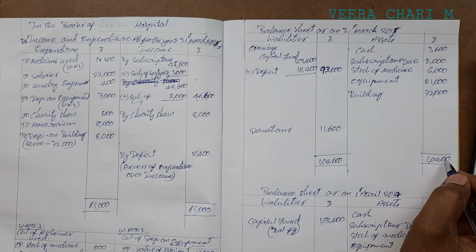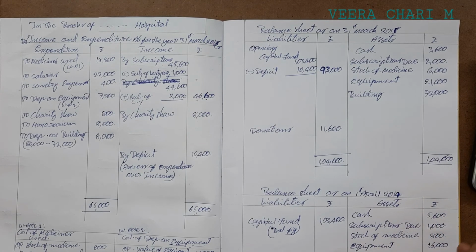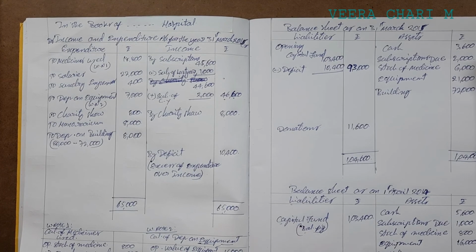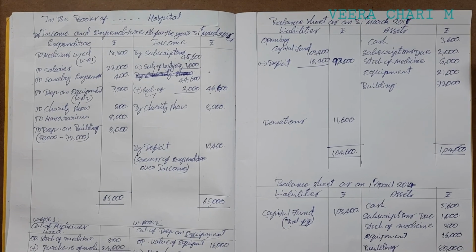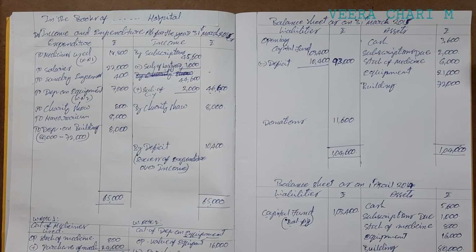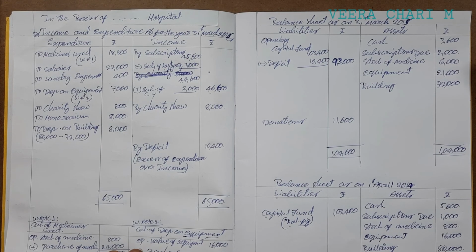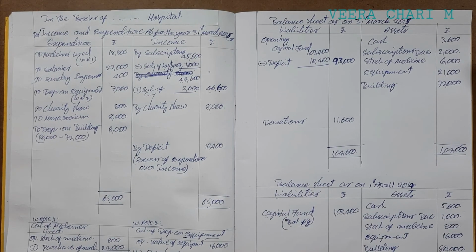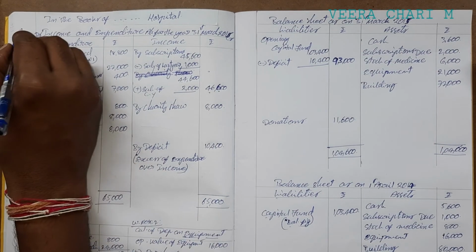If you follow this method, then it is clear. You should follow the double entry: every adjustment should be entered twice, either in the income and expenditure account or in the opening or closing balance sheet. If you enter like this, it is very neat. Please follow this. The solution number is 3.